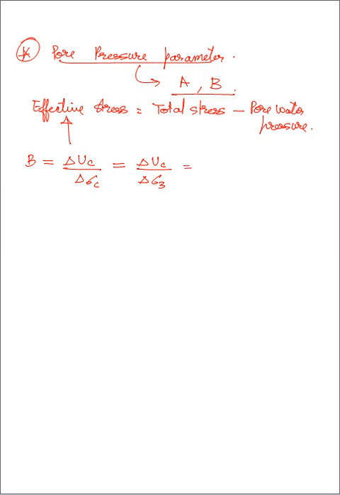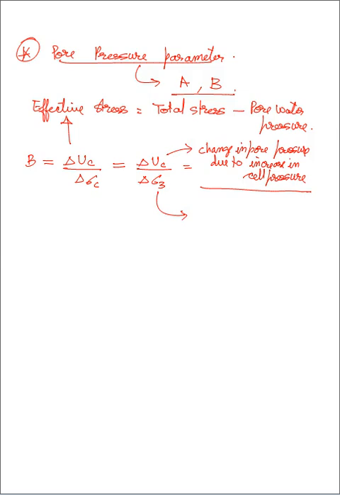So this is the change in pore pressure due to increase in cell pressure, divided by delta sigma 3 or delta sigma C, that is the change in cell pressure.